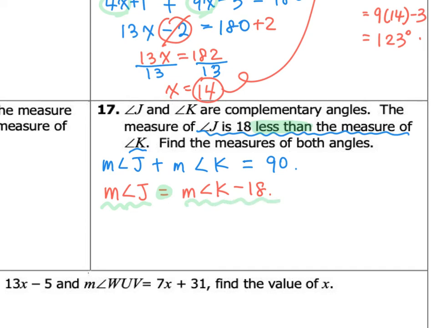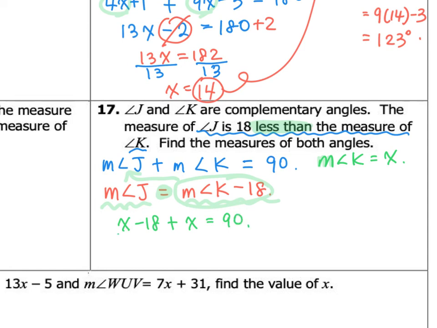Let's make it simpler to look at. I'm going to put measure of angle K as x. Okay? So our equation will be x minus 18 plus x equals 90.